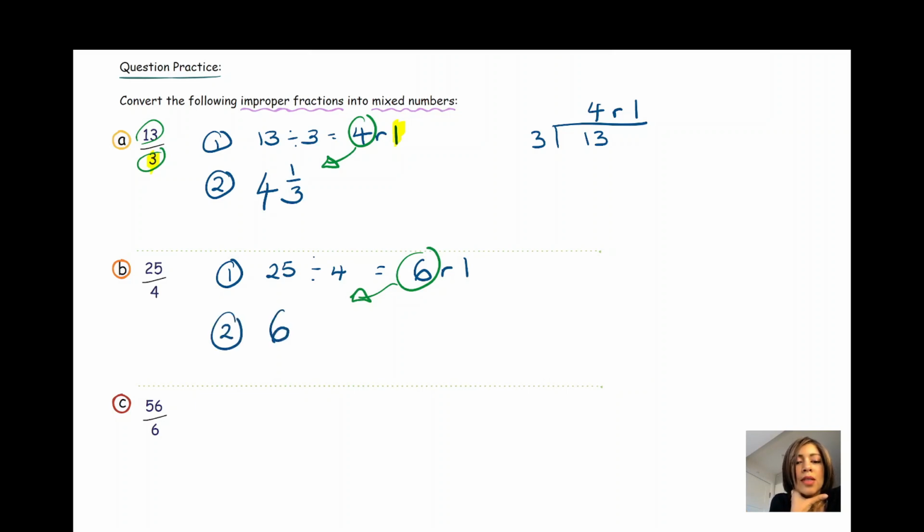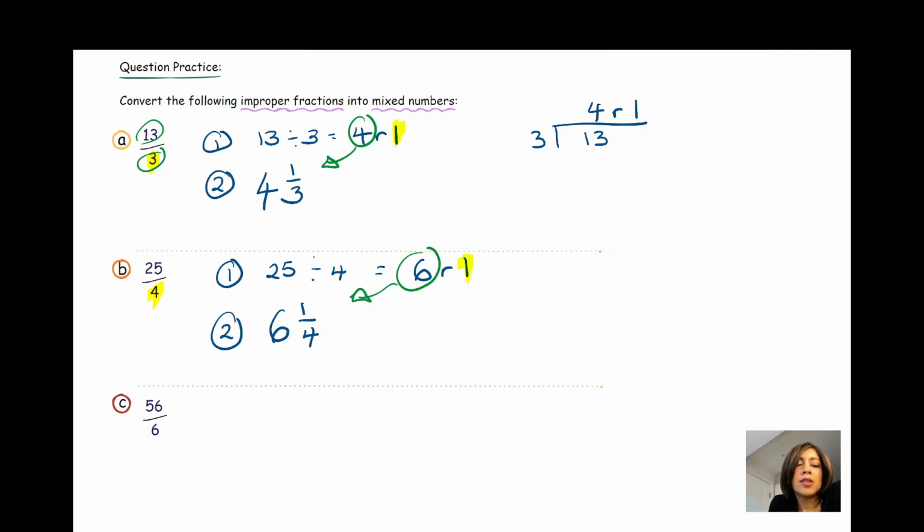So we have 6, and then we have this remainder of 1, and we place it over the denominator. So we have 1/4, so 6 1/4. 6 times 4 is 24, plus 1 gives us 25. So we can double check that that's the correct answer.